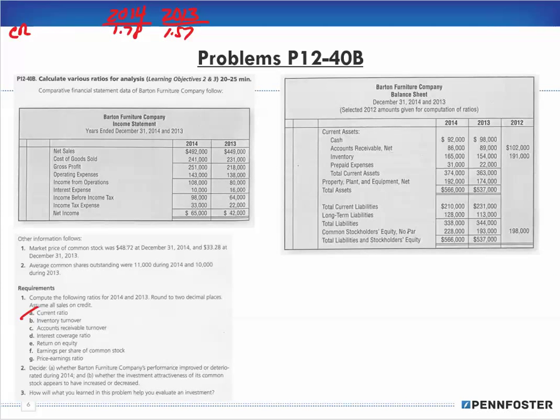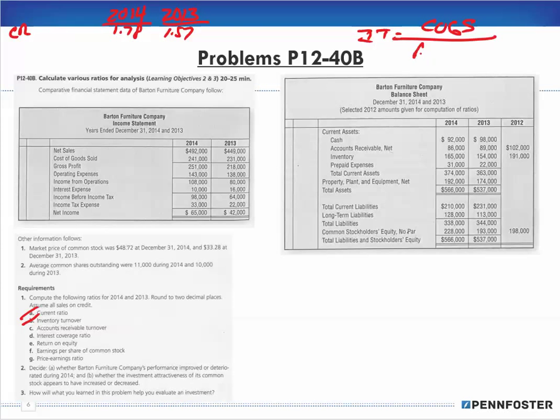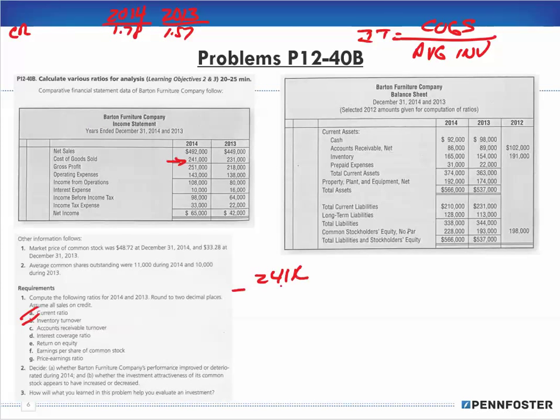And then our inventory turnover. Inventory turnover is equal to the cost of goods sold over the average inventory. So our cost of goods sold for 2014 is right here, 241,000, and that's over our average inventory.